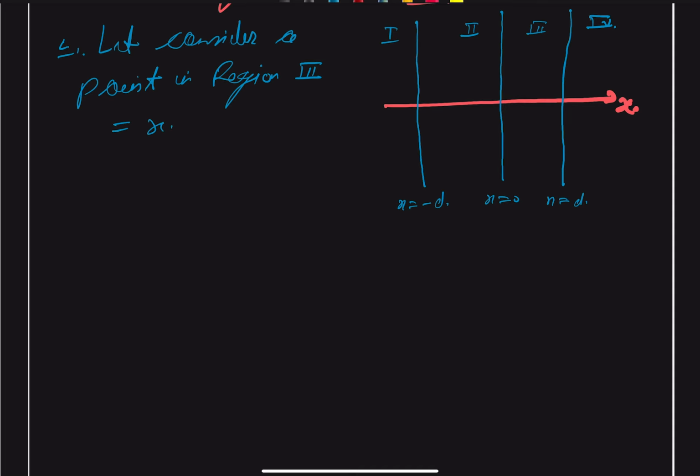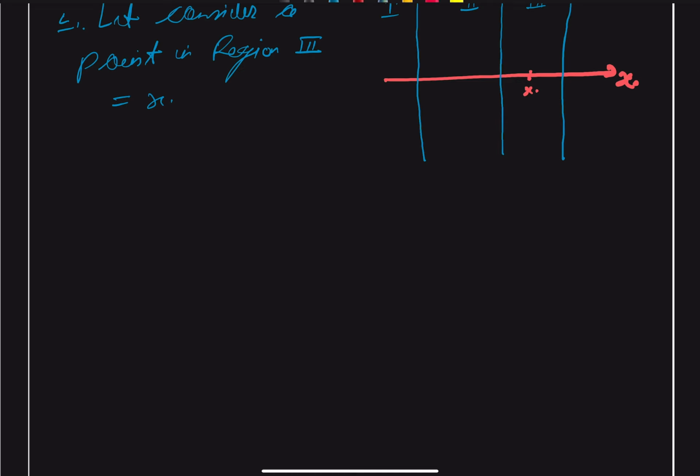This distance is d, so the total distance from this wire comes as d plus x, and from the next wire it comes as d minus x.